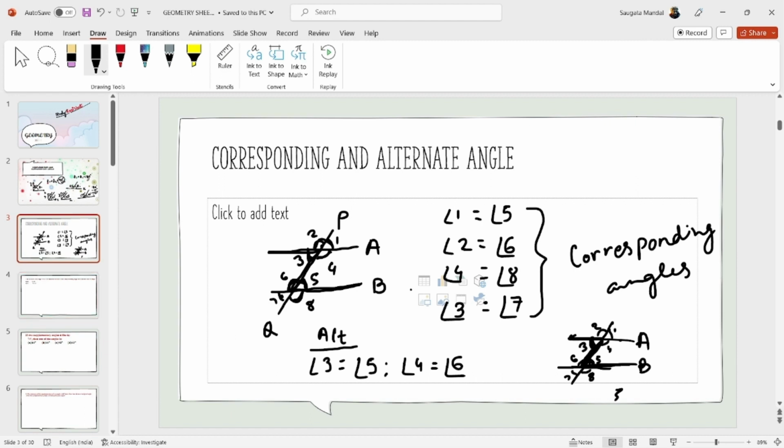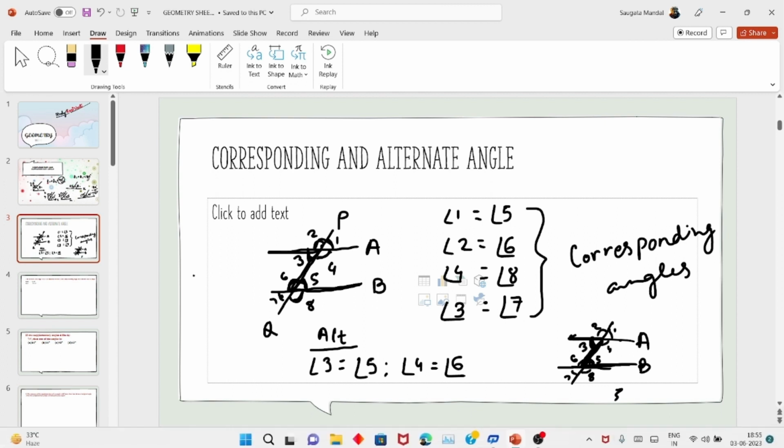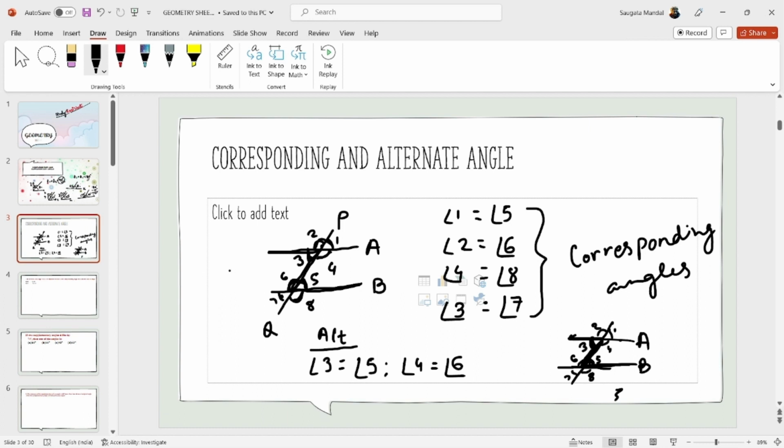Now I will discuss the topic of vertically opposite angles. Suppose this is two lines that bisect each other. One angle is this and one angle is this.